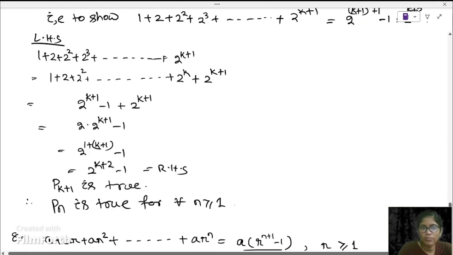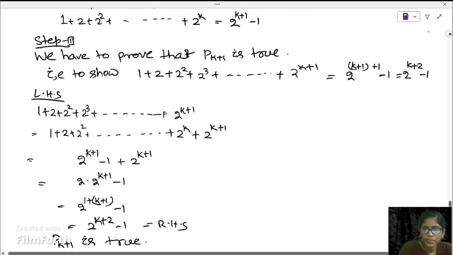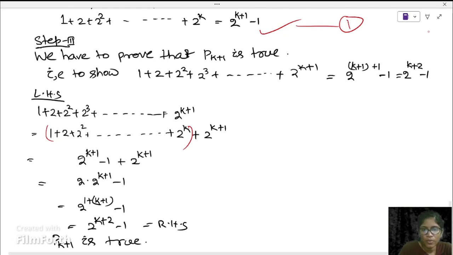Now move to step 2. Step 2: assume that Pk is true. That means 1 plus 2 square plus up to 2 to the power k is equal to this. From this equation we can put here 2 to the power k plus 1 minus 1, plus 2 to the power k plus 1, equal to this plus this.